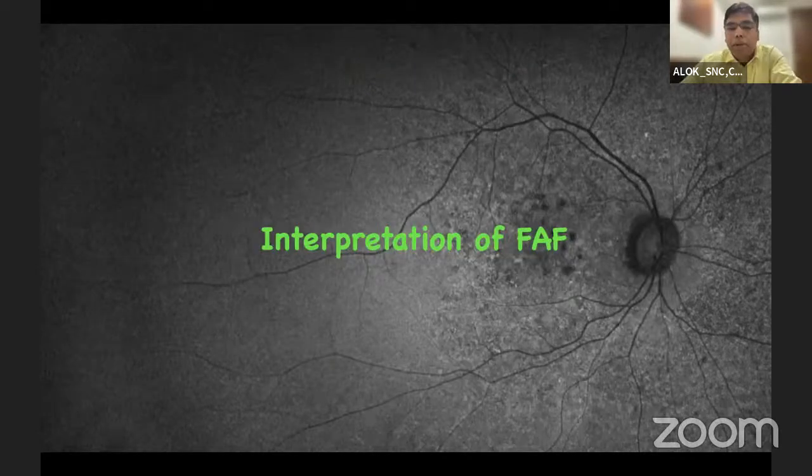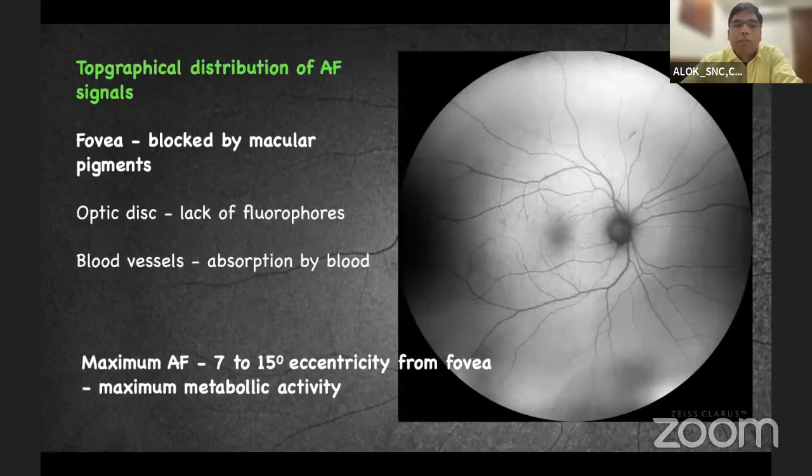So coming to interpretation of the fundus autofluorescence. Now, if you see the topographic distribution of autofluorescence signal, the fovea is usually black or dark because of the blockage by the macular pigments, lutein and zeaxanthin. The optic disc lacks fluorophores and hence appears dark.